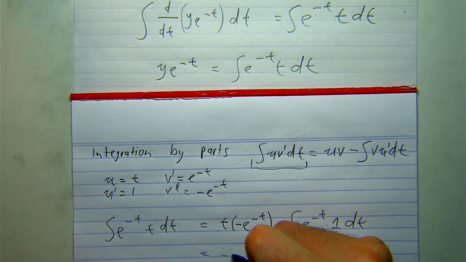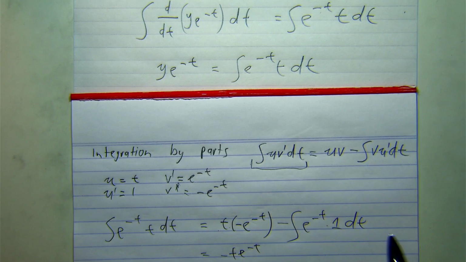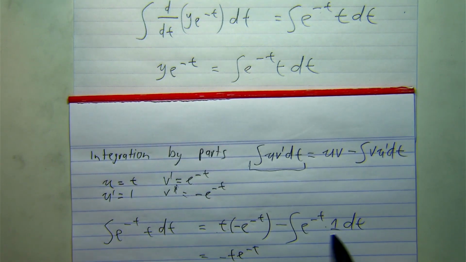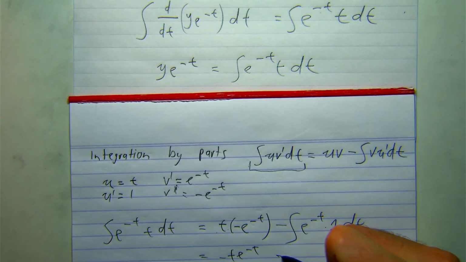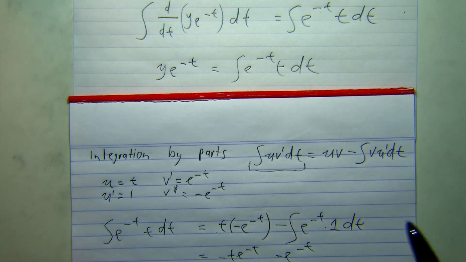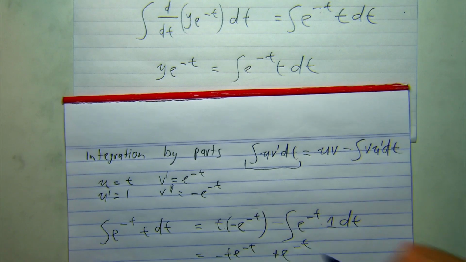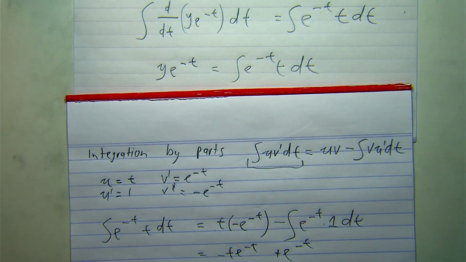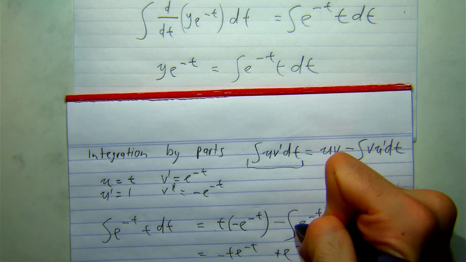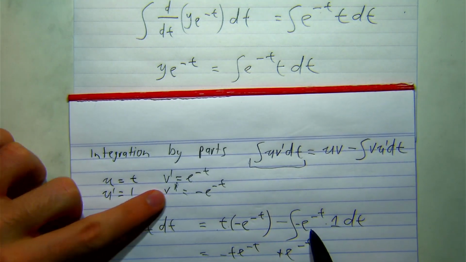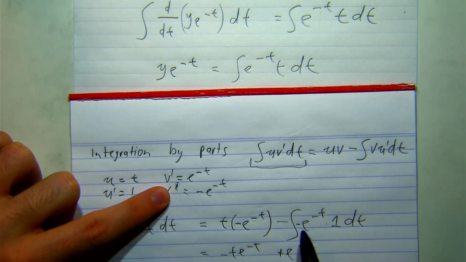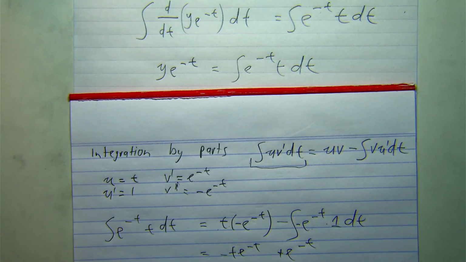And then that's integrating this with respect to t. That's pretty simple. It's just minus e to the minus t. And then because that's minus of that, overall is plus. No, there's a minus in terms of v here, which makes this back to minus.